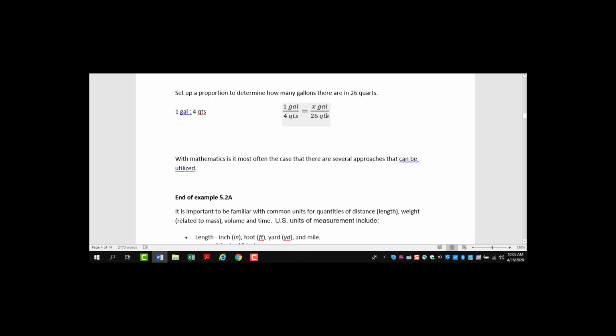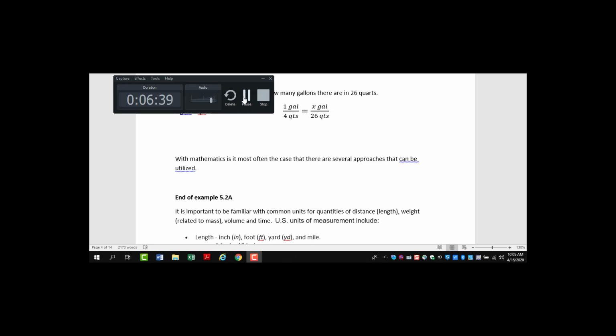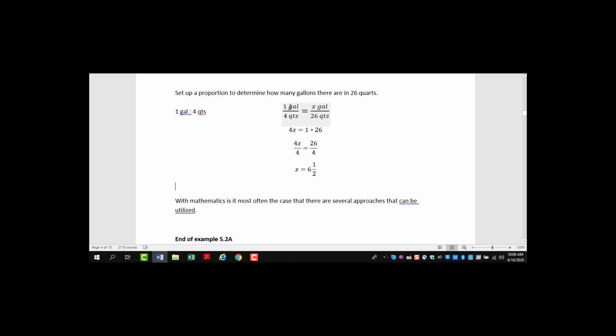When you do that, you're going to try and find out what that X gallons is. So we cross multiplied and divided by 4, because 4 divided by 4 is 1. 1 times X is X. X equals 26 over 4, and I change that into a mixed number by division. I got 2/4, which is the same as 1/2.